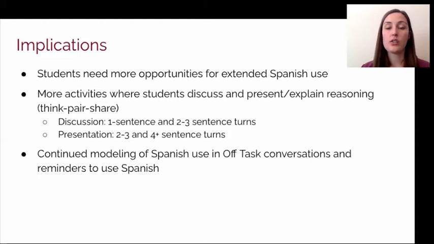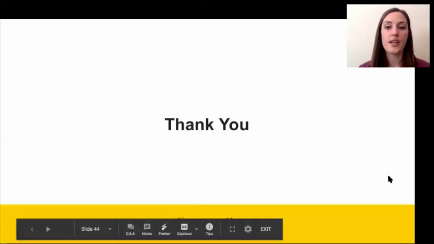Some more reminders to students to speak in Spanish may also help. Encouraging these students to increase their use of Spanish as well as increasing their opportunities for lengthy Spanish will contribute to their ability to continue developing their linguistic and sociolinguistic skills, which may in turn increase their motivation and their enjoyment of their program. Thank you.